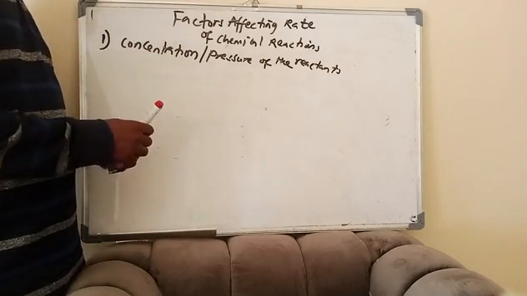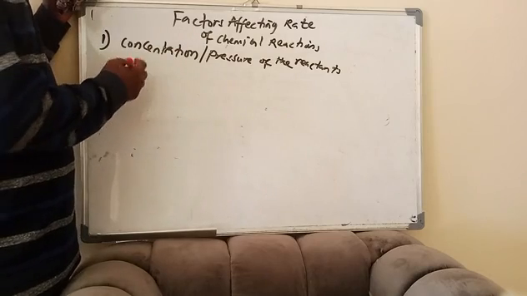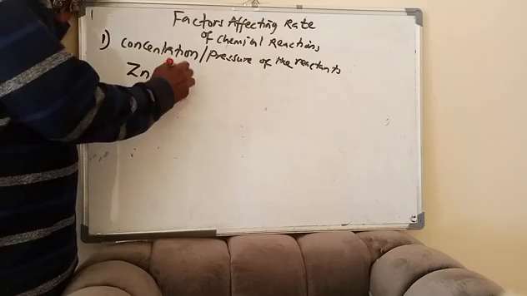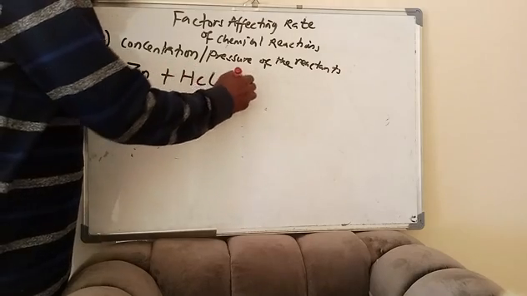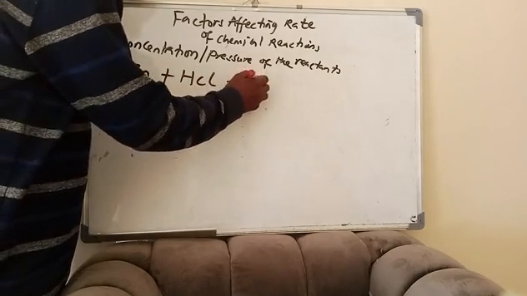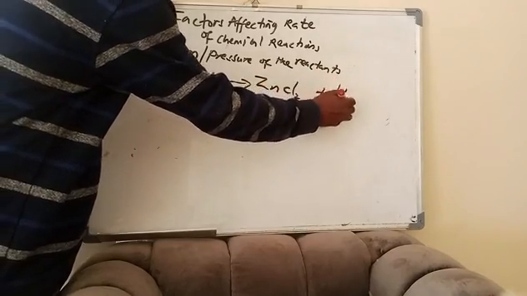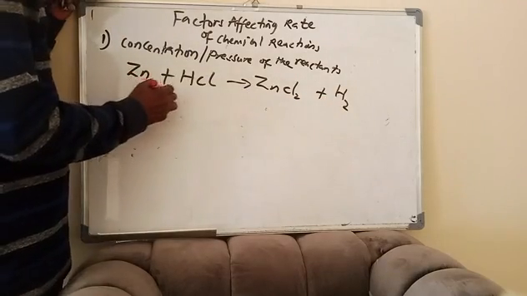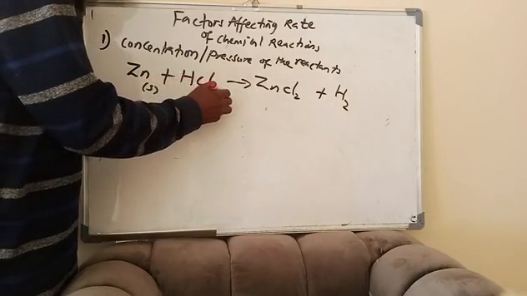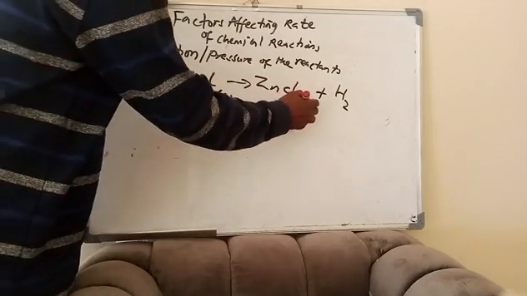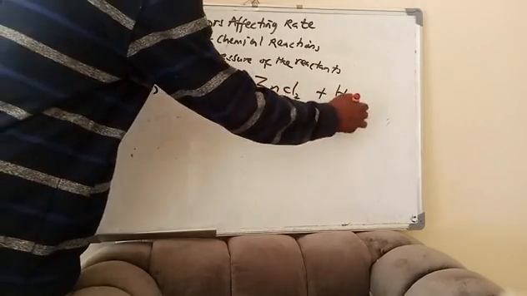For instance, if you have a reaction between zinc and hydrochloric acid, which produces zinc chloride and hydrogen. So zinc is a solid, HCl is a solution, then a solution and a gas.